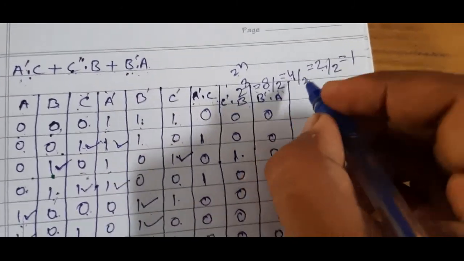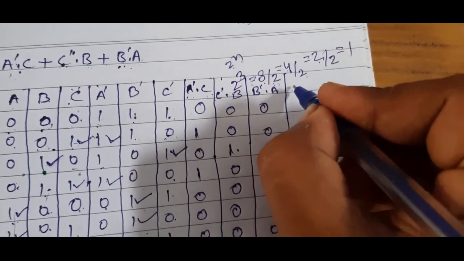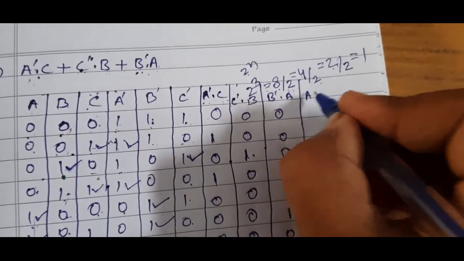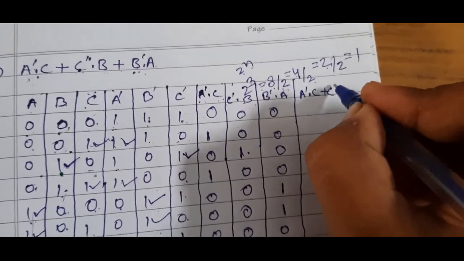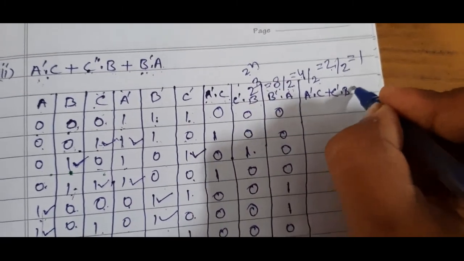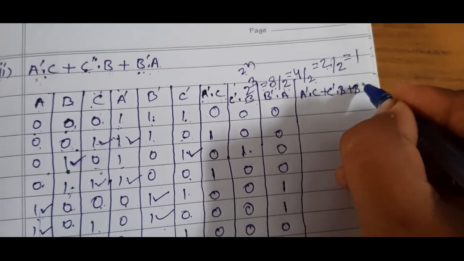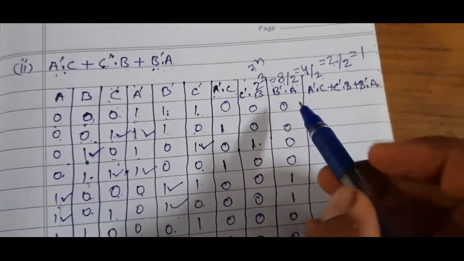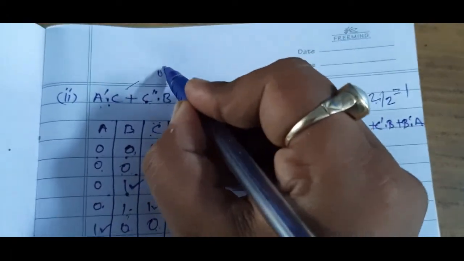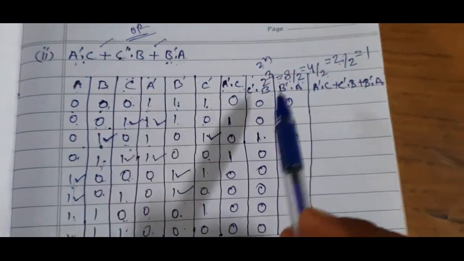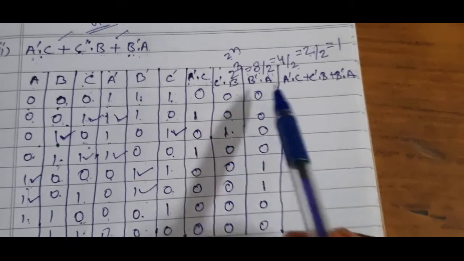Now we will take the overall output, meaning A complement C plus C complement B plus B complement A. So you can see here these are OR, meaning if any combination is 1, the output will be 1.